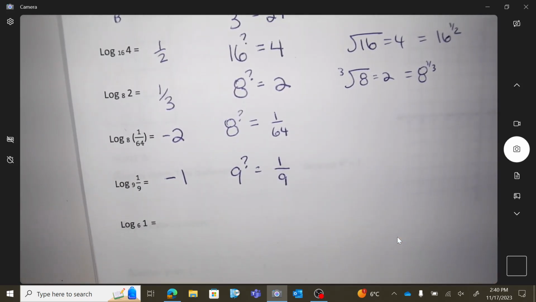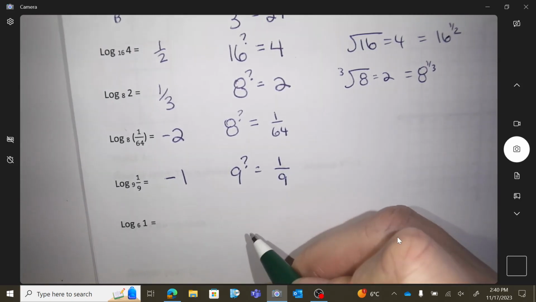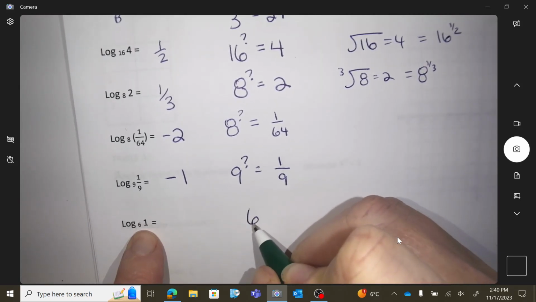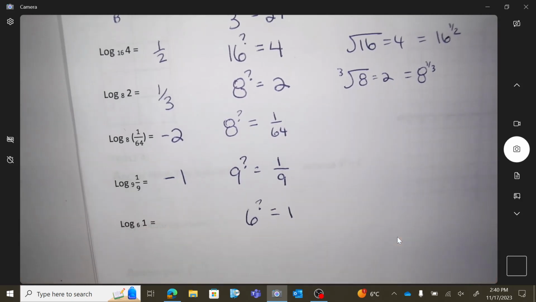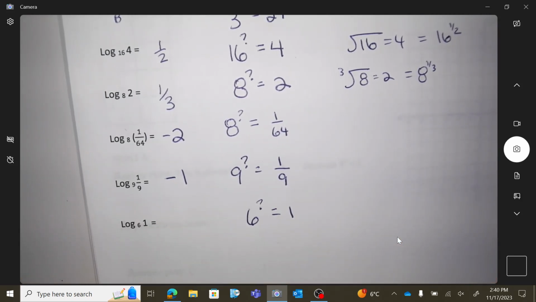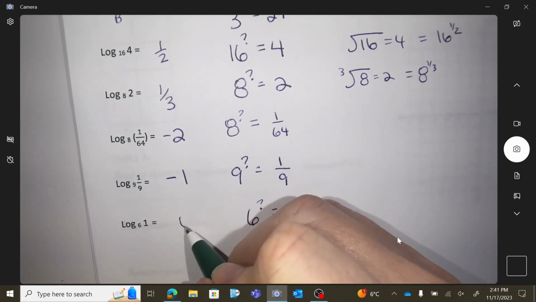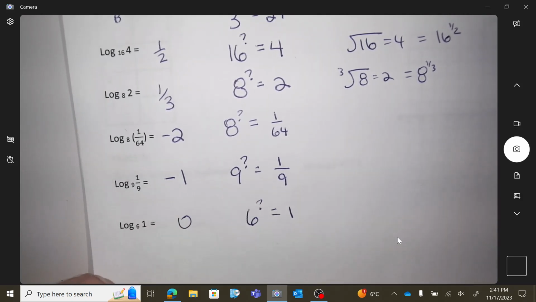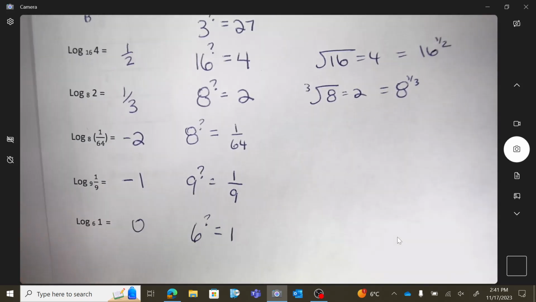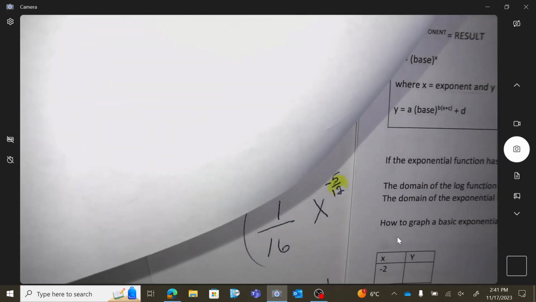Did you think -1? Okay, and the last question, the base is 6 to something makes 1. What would the exponent have to be? 0, yep. 6 to a 0 gets you to 1. Okay, so rules.